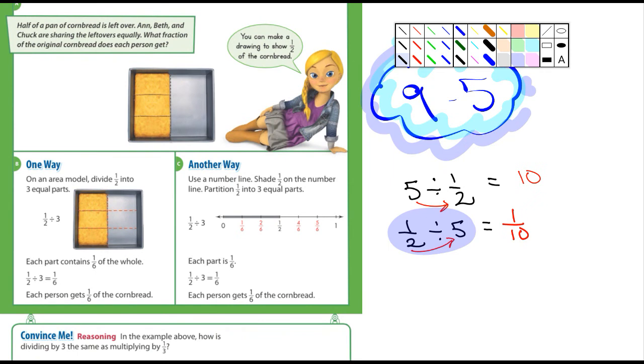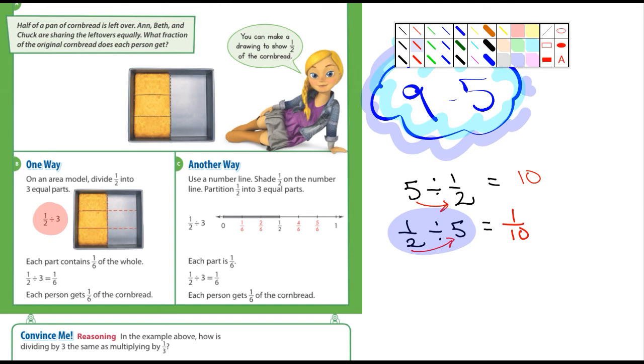They're talking about a half a pan of cornbread that was left over. And Ann, Beth, and Chuck are sharing the leftovers equally. What fraction of the cornbread does each person get? Well, it would be 1/2 divided by 3. And now, I just explained it a minute ago.